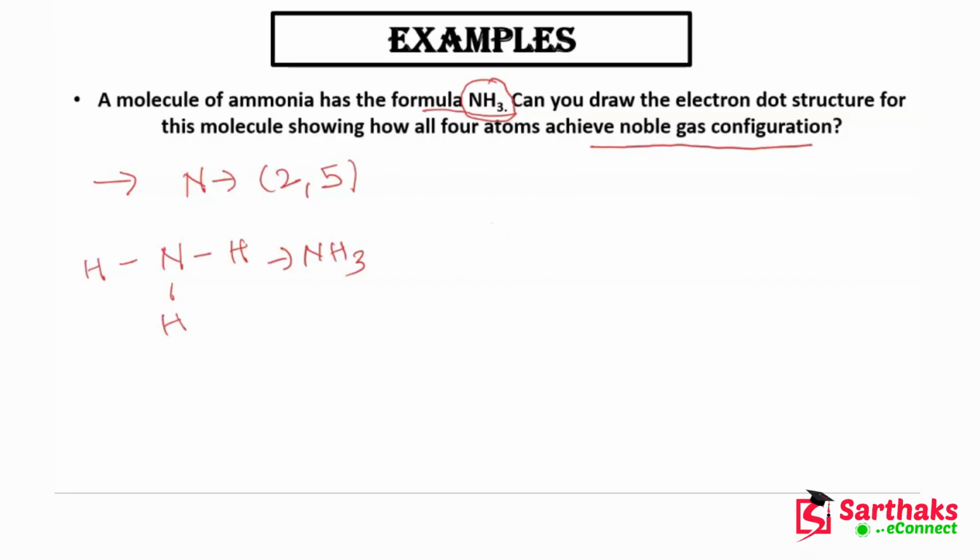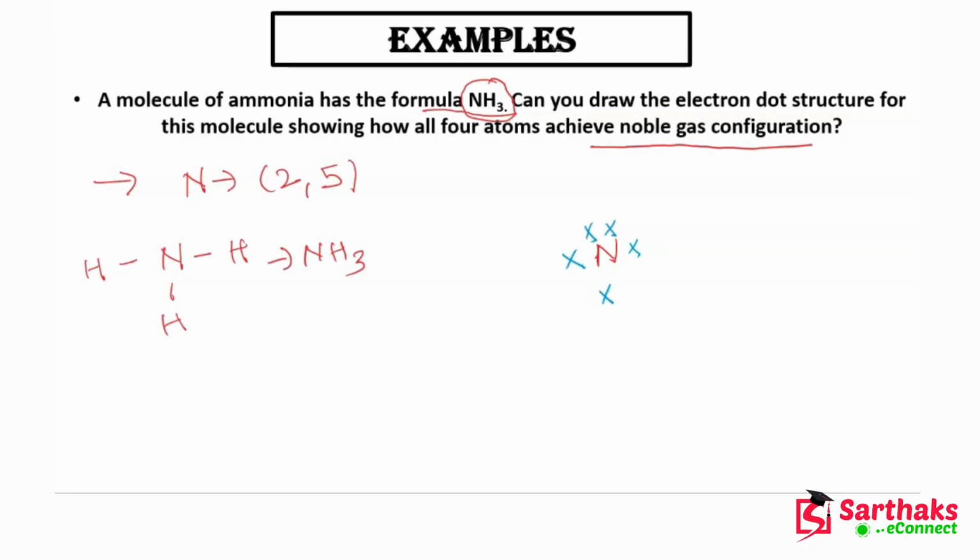Now guys, if I draw the electron dot structure of this NH3, it will be easier to understand. This is nitrogen. Let me change the pen. If this is nitrogen, then it has 5 electrons. Let me erase this. Okay, like this.